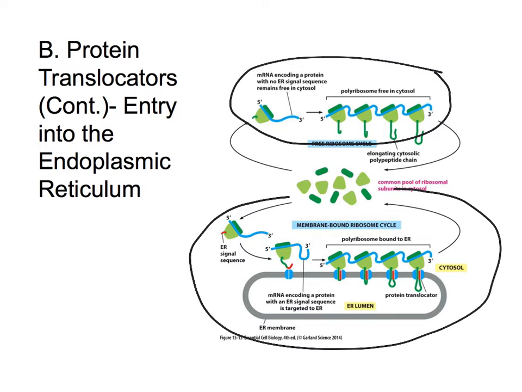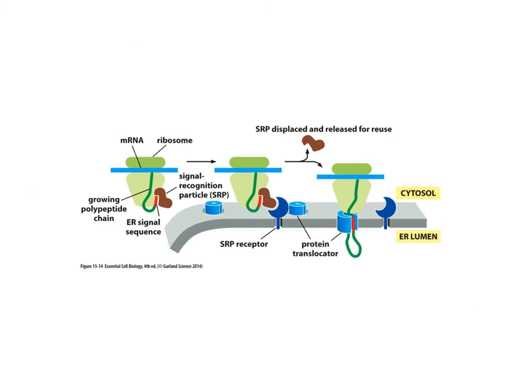These proteins have a signal sequence, in red here, at the beginning that targets them to the ER, as they'll bind to receptors and to translocators in the membrane. The signal sequence, the first part of the protein translated, directs all of these ER proteins to that organelle, and it's usually composed of 8 or more hydrophobic amino acids.